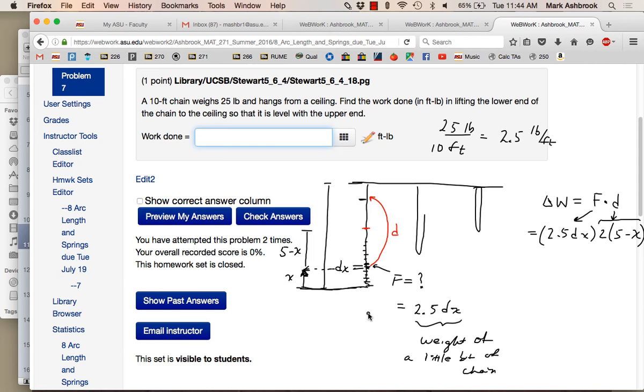Okay. Other questions? So then we're going to sum up all those bits of work for each little bit of chain. So down here, it's going to go all the way up here, and then right here, it's going to just go that far. But that's all taken care of in our typical bit of work. So the total work is going to be x starts at 0, right? So the bottom little bit of chain is at 0 until the last bit of chain we've got to move, at 5.